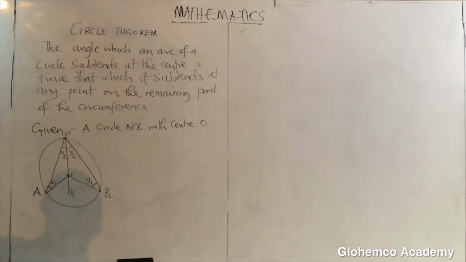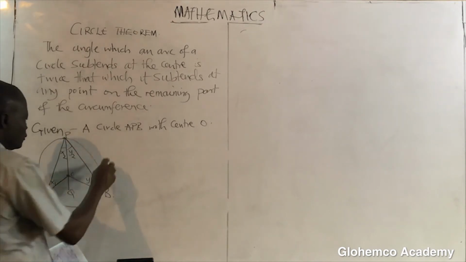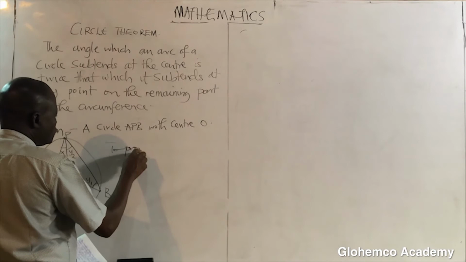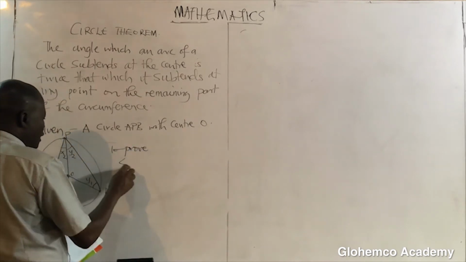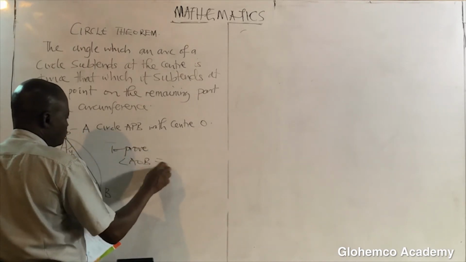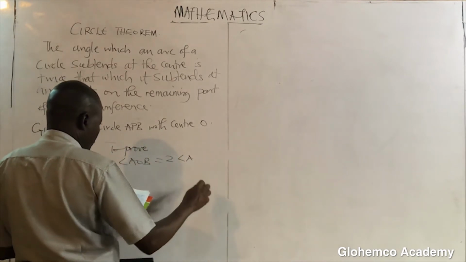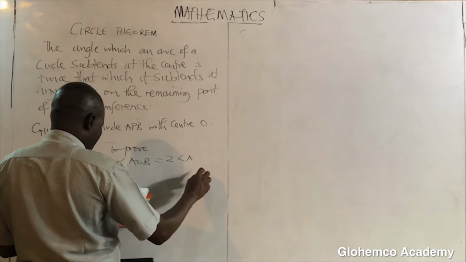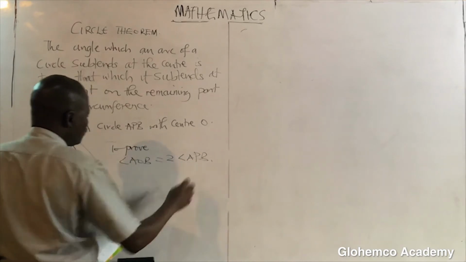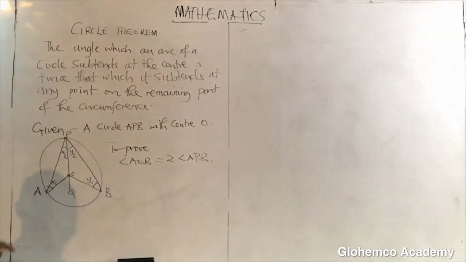Now, what are we saying? We want to prove that angle AOB is equal to 2 multiplied by angle APB.